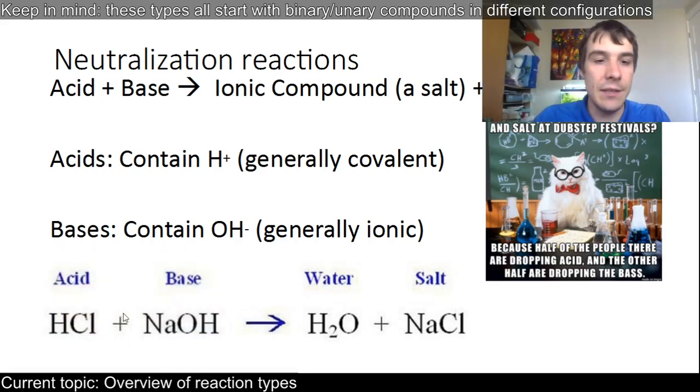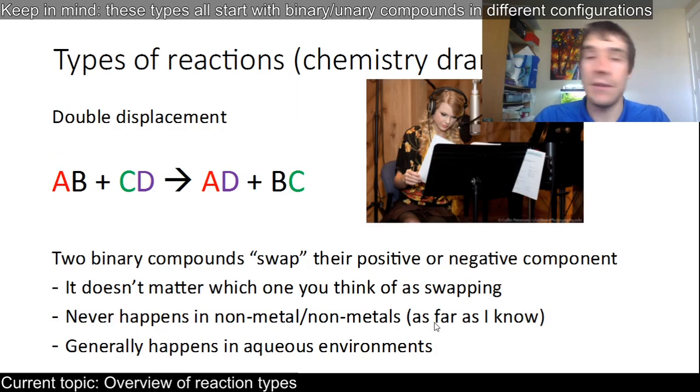Right, so you've got an acid, you've got a base. It's actually a double displacement. Neutralization is just a type of double displacement. The hydrogen is going to meet the OH and make H2O. The sodium is going to meet the chloride and make NaCl. So it's just a double displacement. It's the same archetype as that. If you compare that to this, that's literally what's happening.